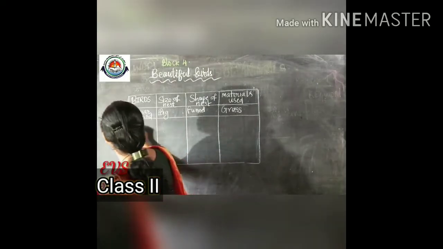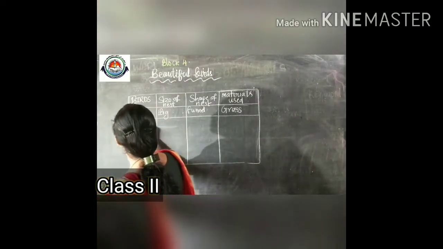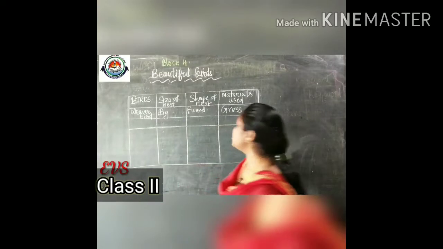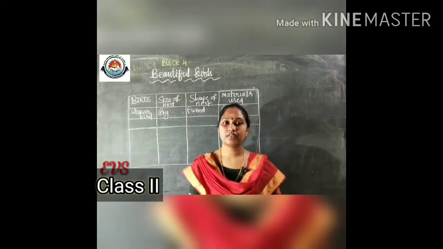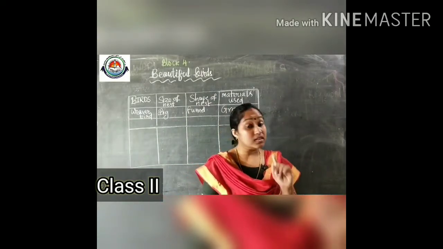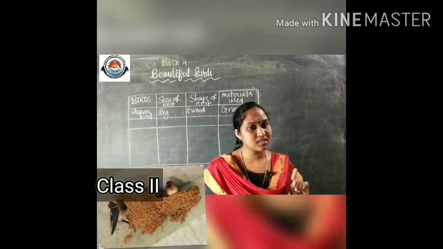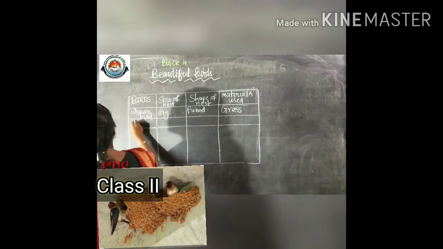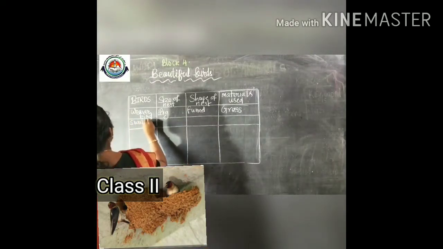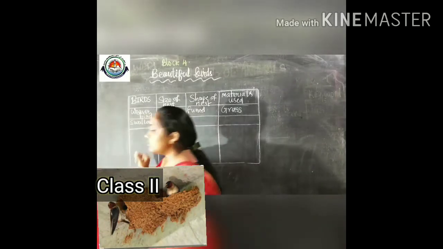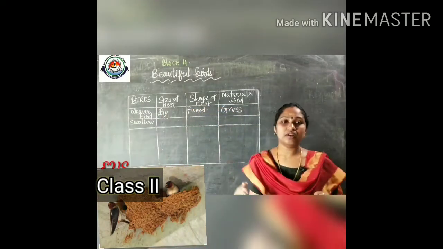Then we are moving to the next picture. Which bird is that, children? It is the same bird we saw in the last class. Which bird was this? Yes, it's a swallow bird.